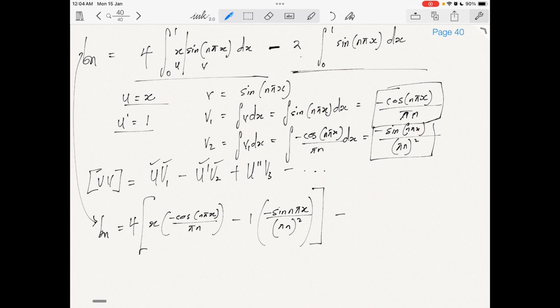I want to integrate this term. We have 2, remember our limit of 0 to 1, back to this term.